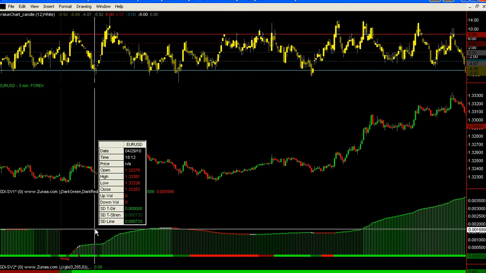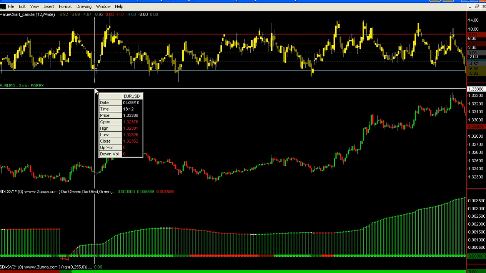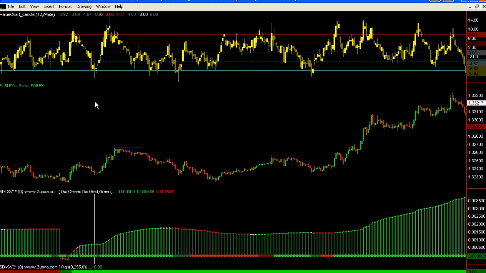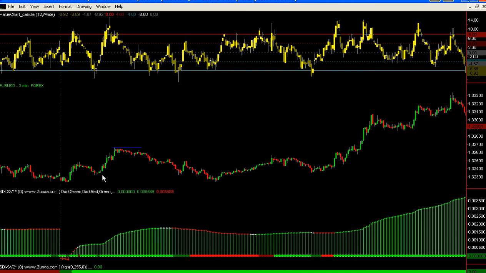Now you do need to have a way of confirming your trade, so you get a -4, -8 reading here. So you need a way to confirm your trades. If you're using support resistance, a close above support, something like that. If you're a price action savvy trader, then you can use price action confirmation.